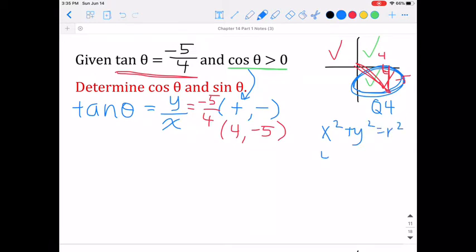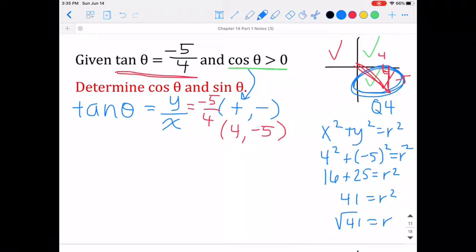So 4 squared plus negative 5 squared equals r squared. So 4 squared gives us 16 plus 25 equals r squared. 16 plus 25 gives us 41 equals r squared. So when we take the square root, we get the square root of 41 equals r. Again, we're only talking about the positive because our radius is never going to be negative.